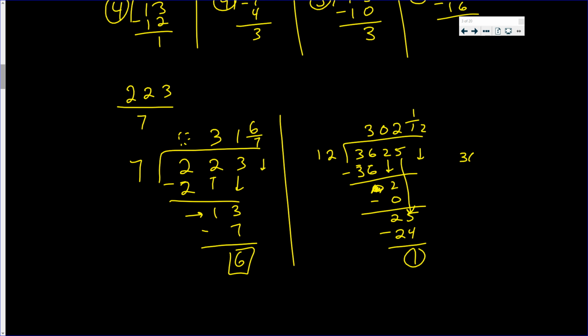That is 3625 divided by 12 is 302 and 1/12. Do the long division and know how to deal with the remainder. This completes the section on changing an improper fraction to a mixed number.